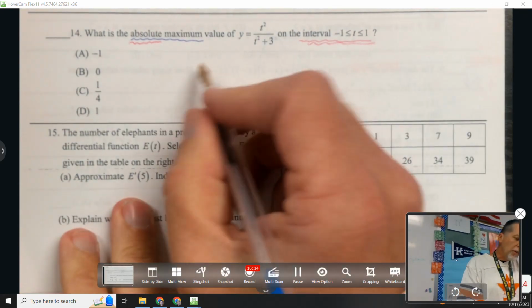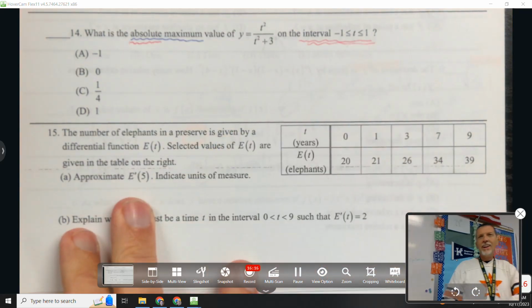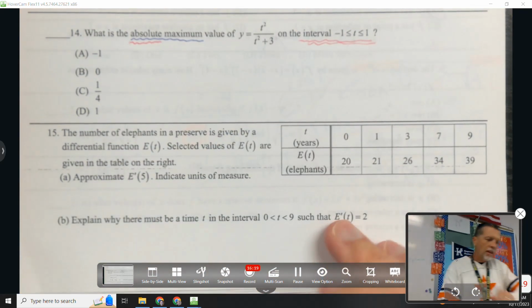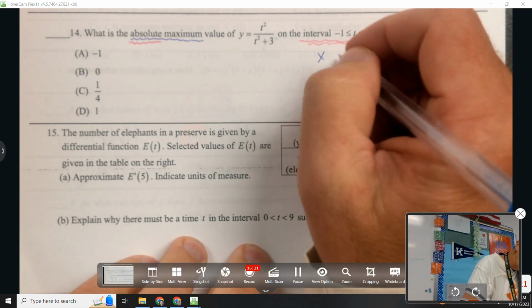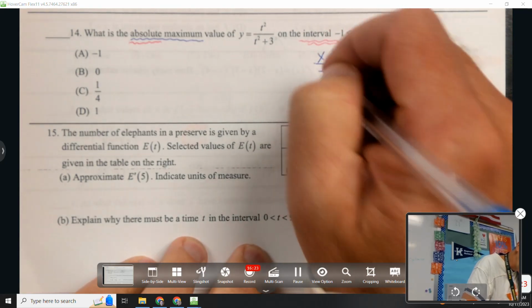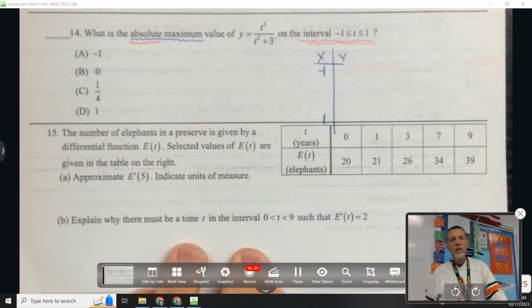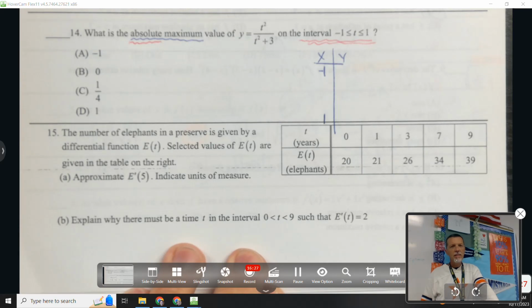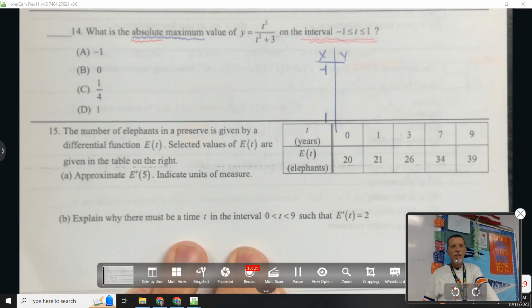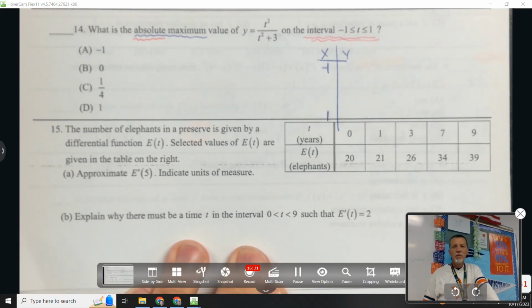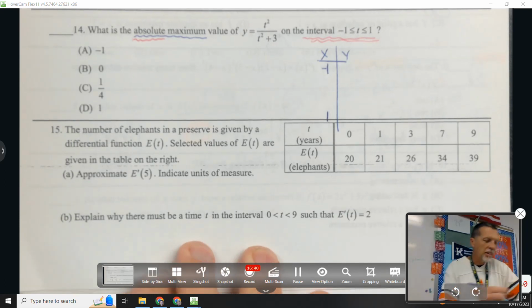So I know I'll need critical points, and then I'll need to check those critical points, but I'm going to set up my table of values right now and know that negative 1 and 1 are my endpoints. And hey, if worse comes to worse, I could just plug in negative 1 and 1 and pick the maximum of those and hope it wasn't at one of the critical points, right? Better than nothing.